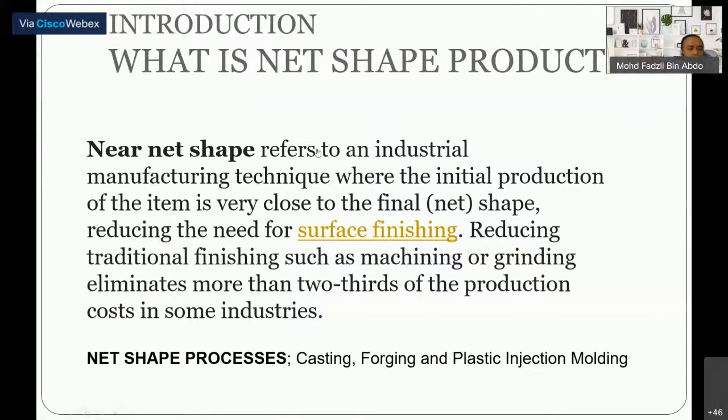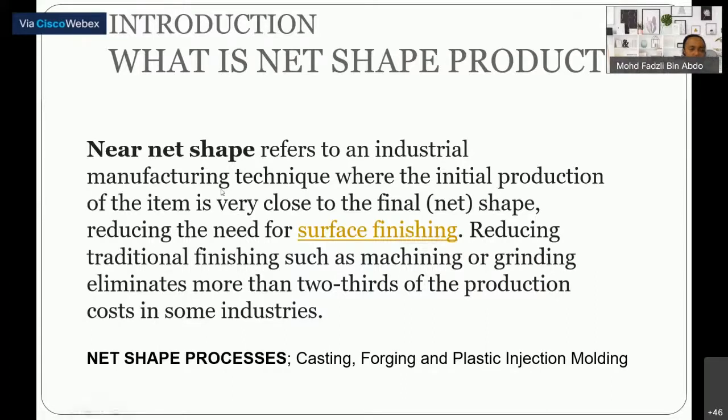Okay, this is the introduction. What is the net shape product? The near net shape refers to an industrial manufacturing technique where the initial production of the item is very close to the final ataupun net shape. Okay, reducing the need for surface finishing.